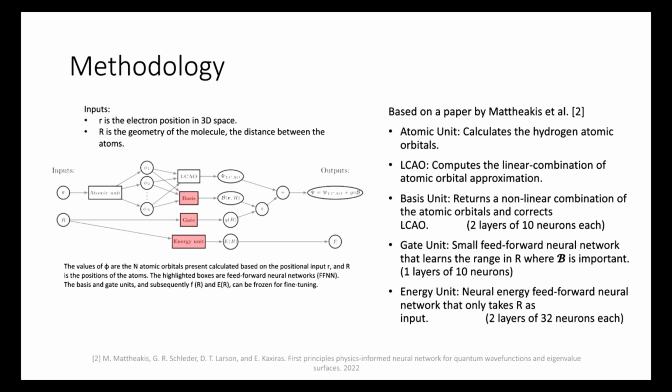There is the gate, which learns the range of R for which the output of the basis unit B is important. And the energy unit, which only requires R, as the energy calculation does not require the position of the electrons. The basis and gate units can be frozen, so the energy unit can be fine-tuned after the main training has been completed.